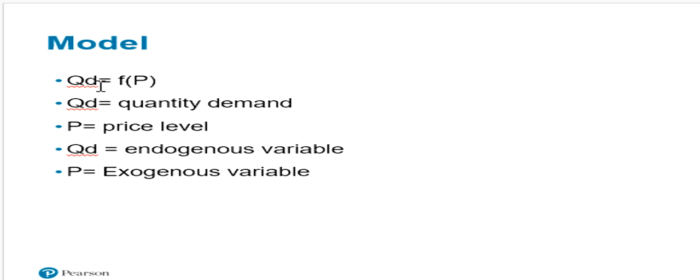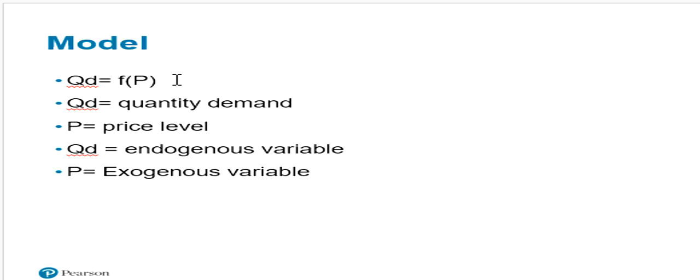So here QD is quantity demand, P is the price level, QD is the endogenous or dependent variable, P is the exogenous or independent variable. So in this model we have only two variables, quantity demand and price.